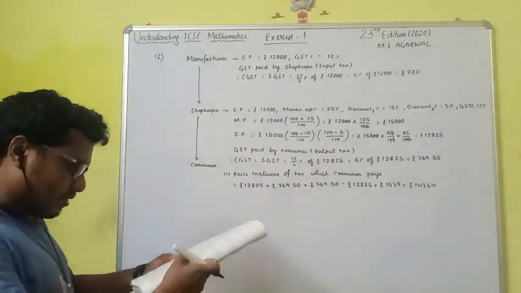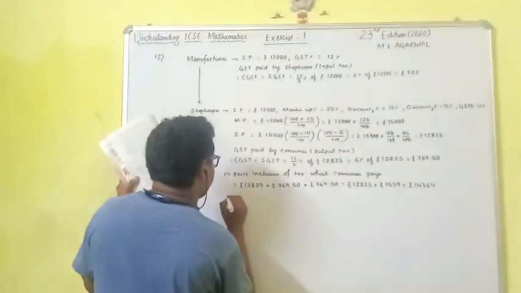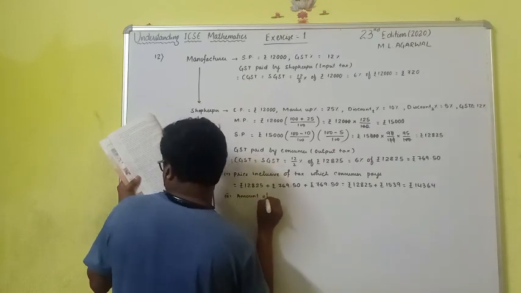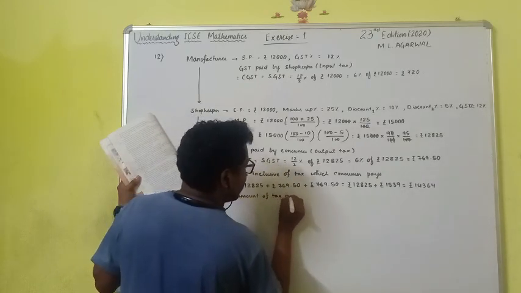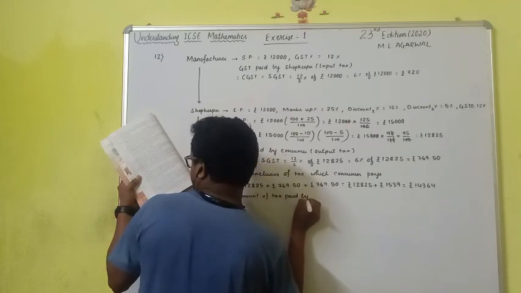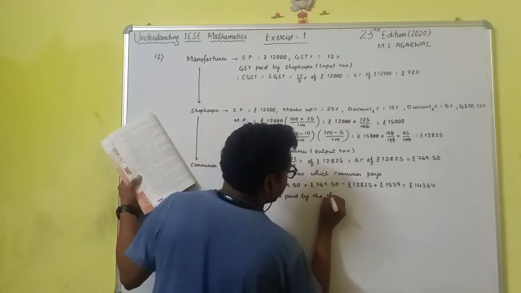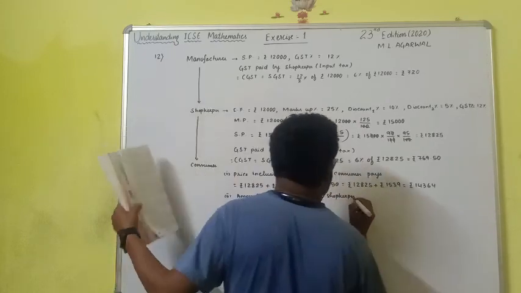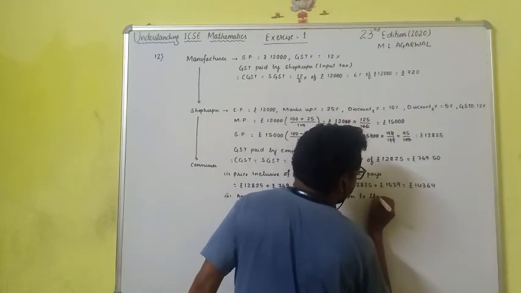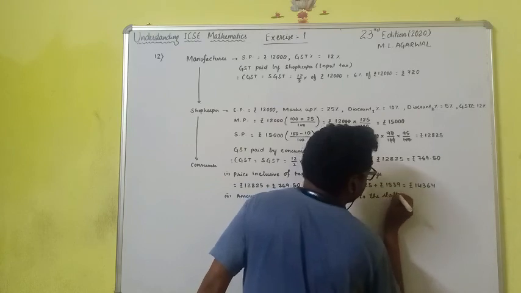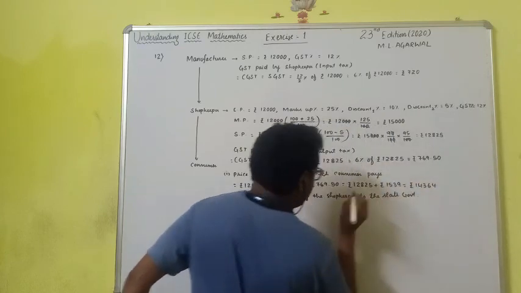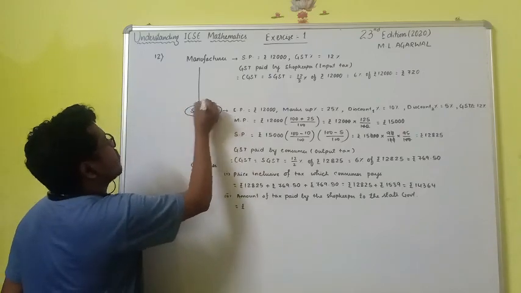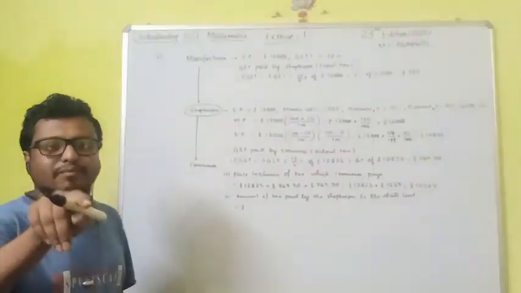Then what you have to find out next? The amount of tax paid by the shopkeeper to the state government is equal to, since the shopkeeper is in the middle, output tax minus input tax.